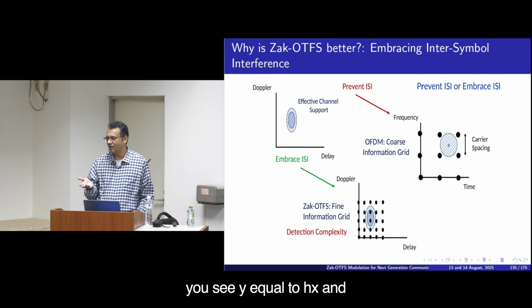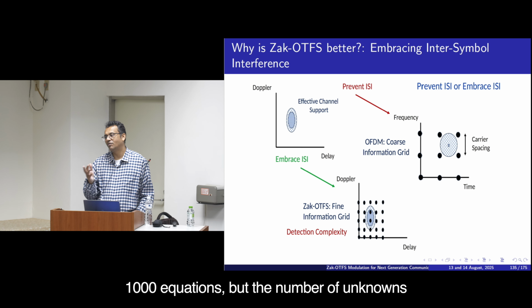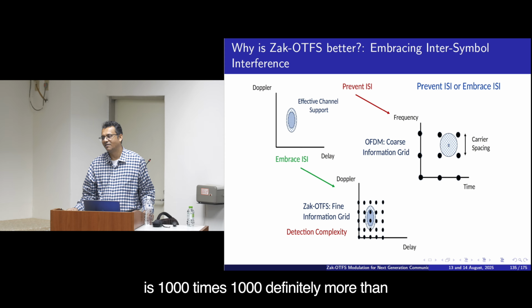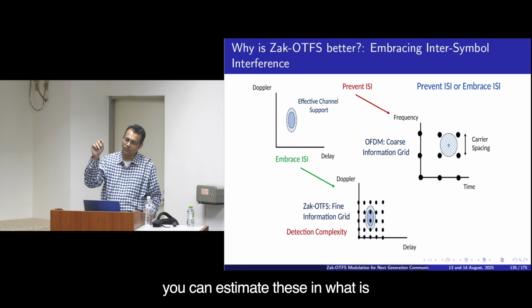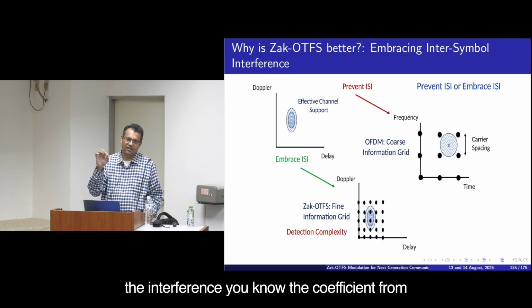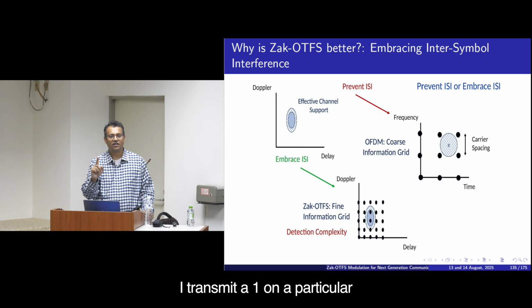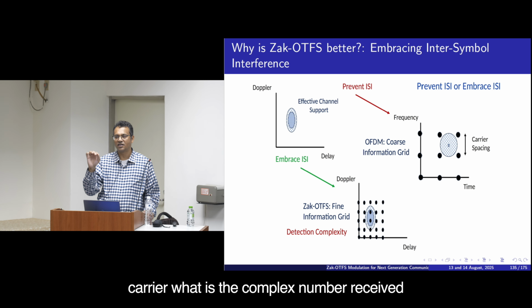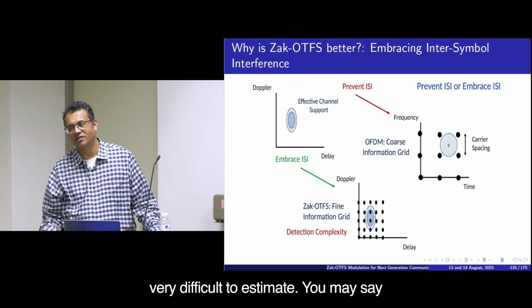If you see y equal to Hx and the dimension is 1000, then you have 1000 equations, but the number of unknowns is 1000 times 1000, definitely more than 1000. So there is no way you can estimate the interference, the coefficient from one carrier to the other. If I transmit a 1 on a particular carrier, what is the complex number received on the other carriers? It is very difficult to estimate.